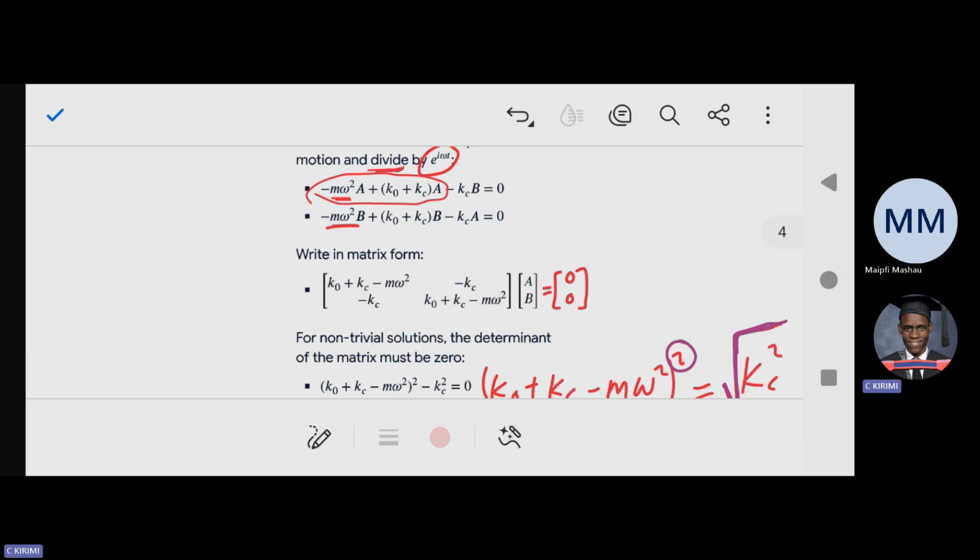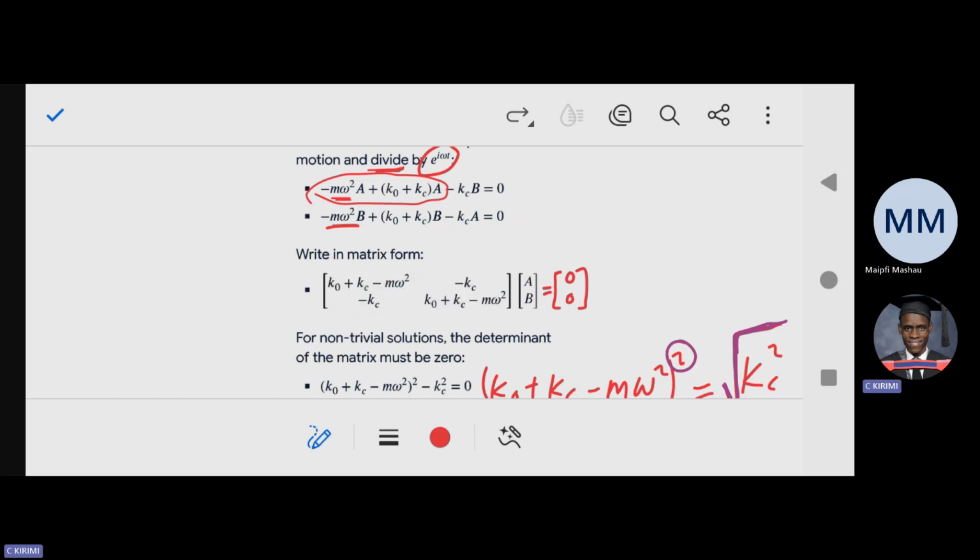So in linear algebra, once you have a system like this, solve it using the method of undetermined coefficients, or you can use the non-trivial solutions, where the determinant, it means this times this minus this times this, will give you what? 0. Then we can solve for omega. That is why I put it in the matrix form.